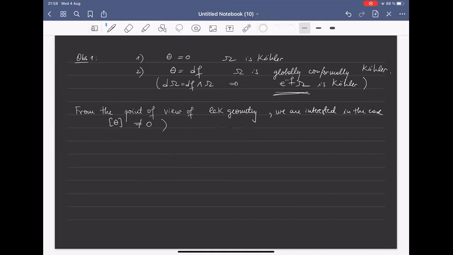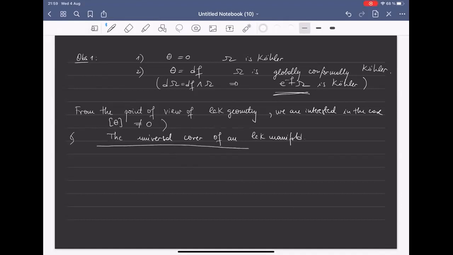Still, there is an interesting way to link LCK geometry to Kähler geometry. And for this, we need to understand the following point. We need to understand the universal cover of an LCK manifold.